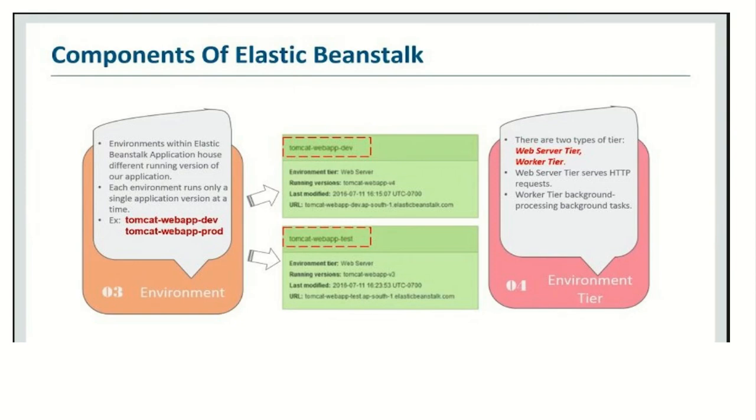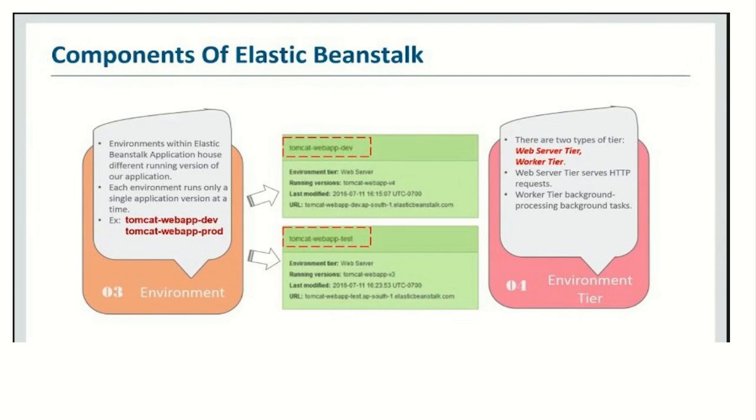Then we have something called environment. Environment is a place where we actually run our application. When we try to launch an Elastic Beanstalk environment, Beanstalk starts assigning various AWS resources like EC2 instance, auto scaling group, load balancer, and security group to our application.